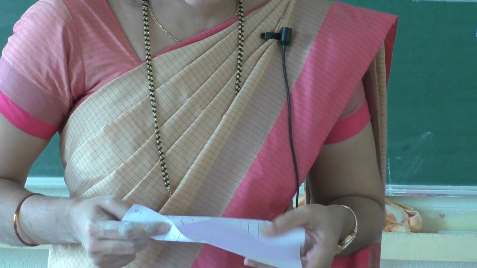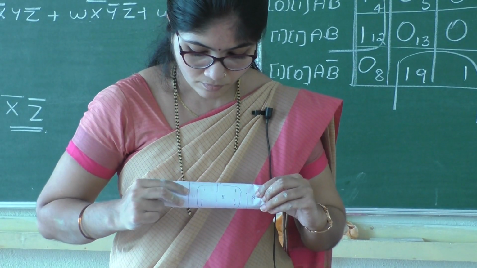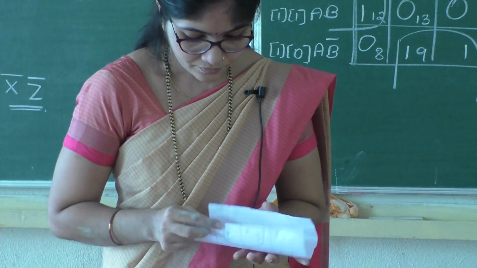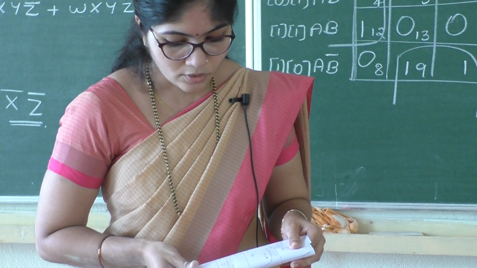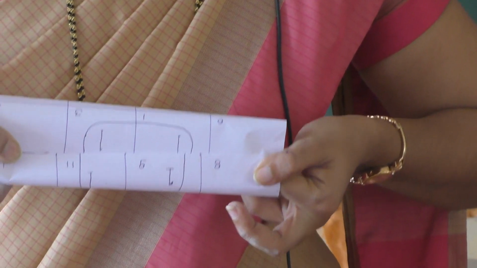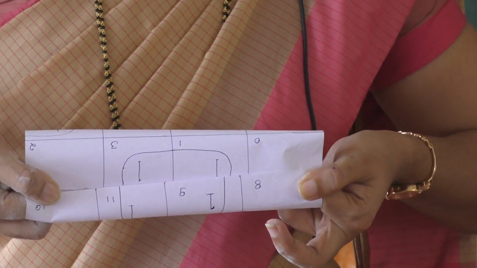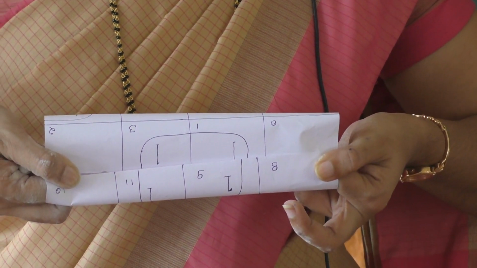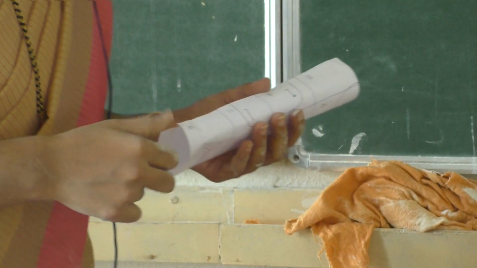When we roll the map from top to bottom or from bottom to top, ones in the 9th box, 11th box, first box and third box are adjacent. Using those ones we can form the quad.